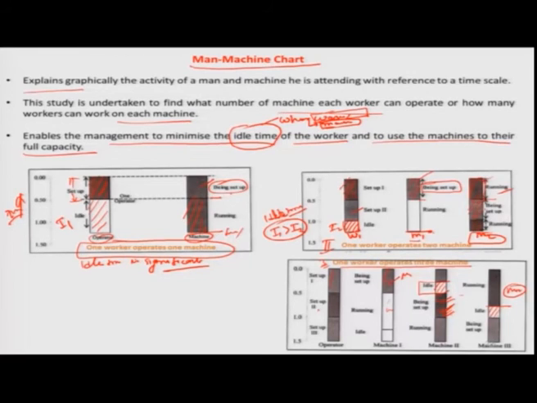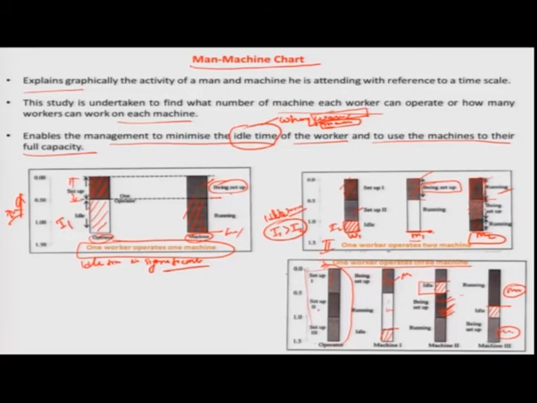After that, when M2 finishes, he will go to M3 to set it up for another operation. You can see that for each machine there will be some idle time, but the worker will always be busy.